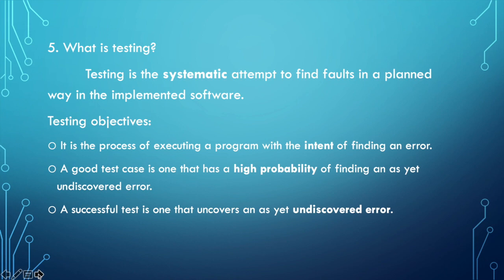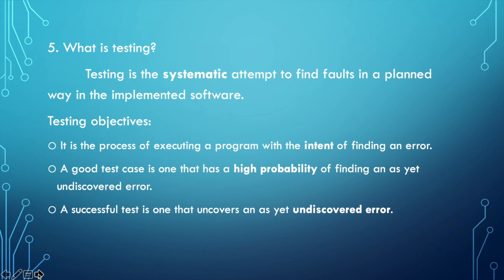They intend to find error. Okay? And a good test case is one that has a high probability of finding an as yet undiscovered error. If we have a good test case, it should have a high probability that you will find an error.